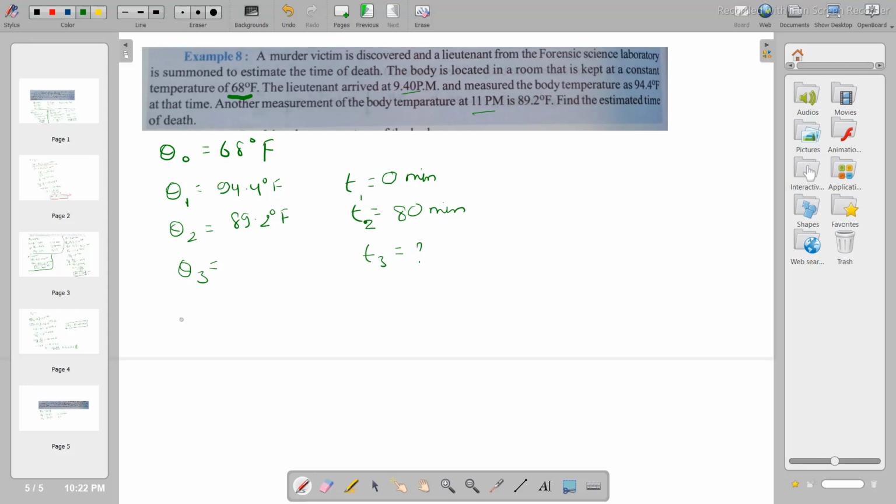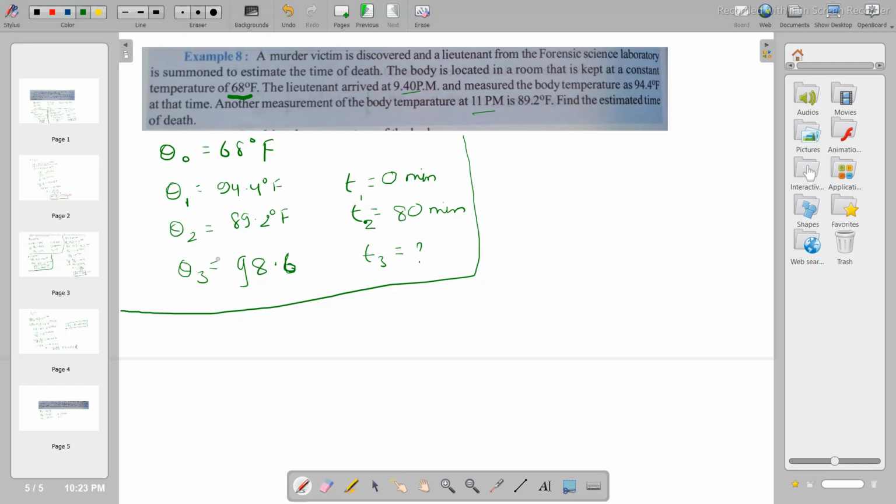At the time of death, his body is obviously at its normal temperature, which is 98.6. So we'll assume theta 3 like that. Now it became easy for you guys, and we will solve it now. So we are going to solve a murder mystery now. At what time did the person die?